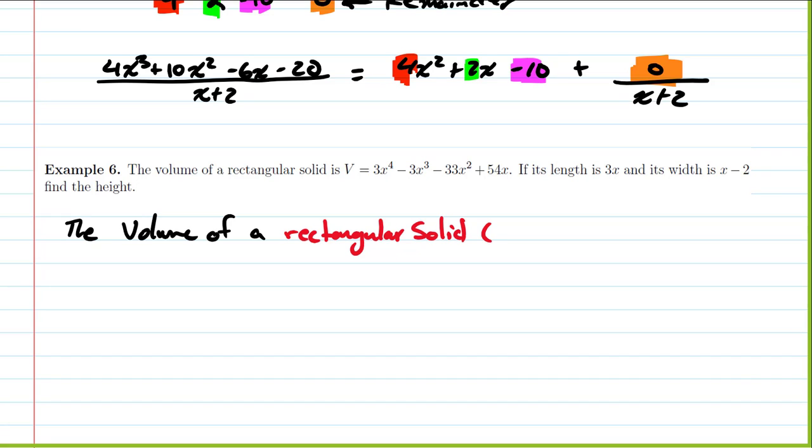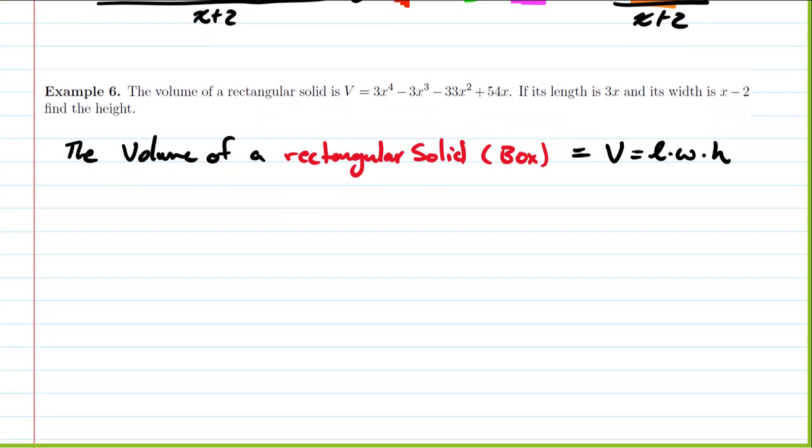So the first thing we need to remember is the volume of a rectangular solid, and when we say rectangular solid, what we really are talking about is a box, is given by the formula V is equal to its length times its width times its height. We are told the following. Well, our volume is going to be this polynomial.